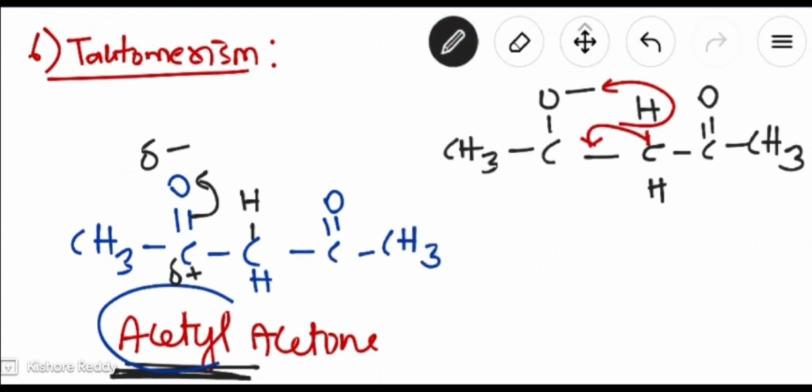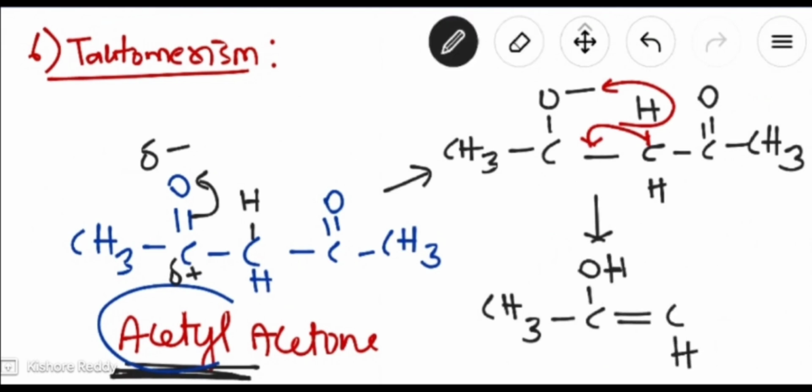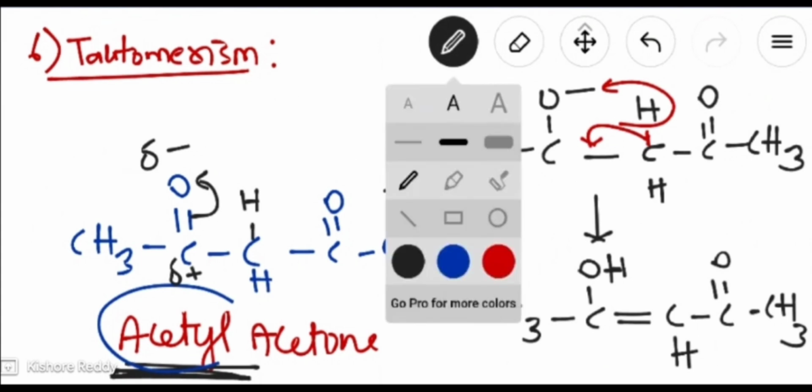So what you will get now? CH3 dash C double bond O, sorry, single bond OH. Here double bond CH dash CO CH3. Now can you tell me what is the difference between the first compound and the final product?